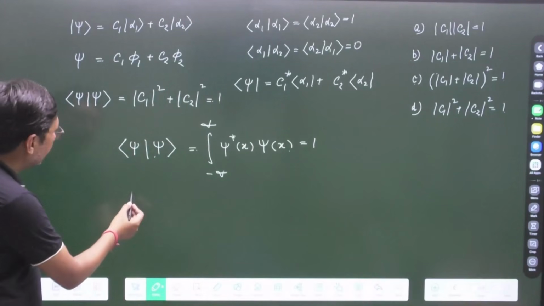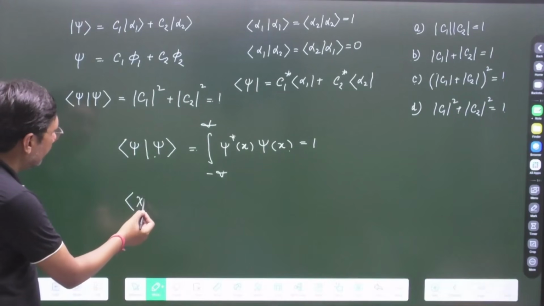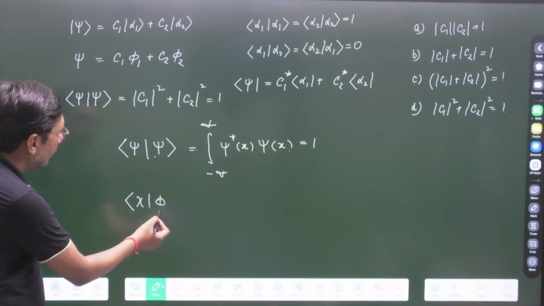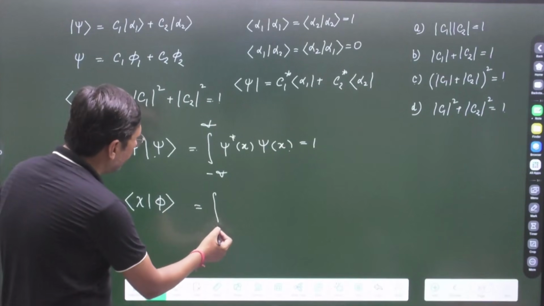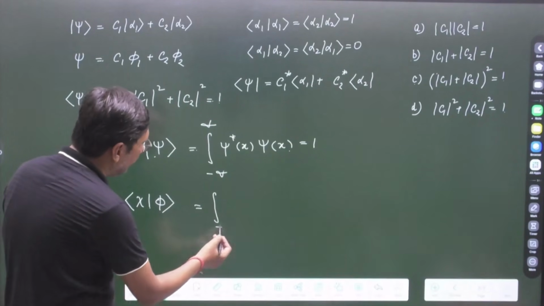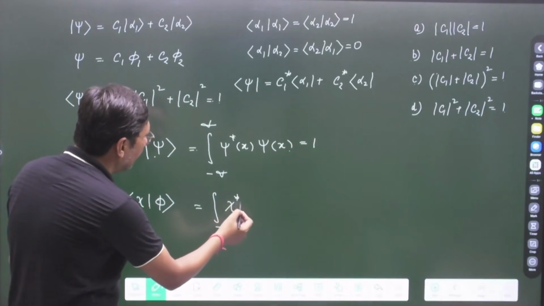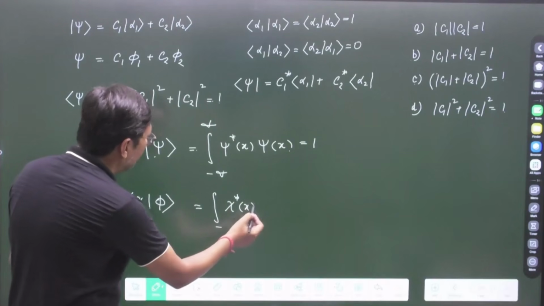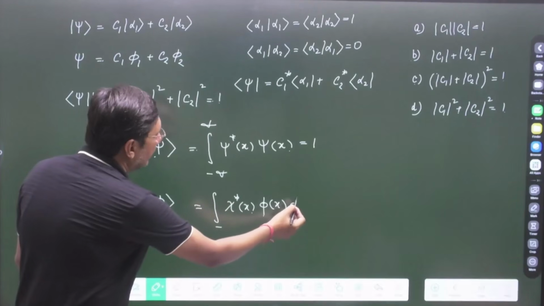Suppose you have chi over phi, then this will be equal to the integral, and whatever limits are there, you can apply them here. So this will be chi star x, second will be phi x, and this will be dx.